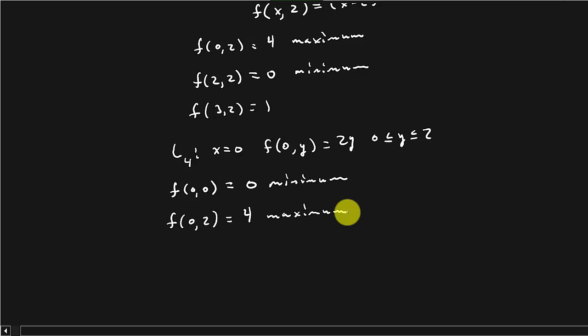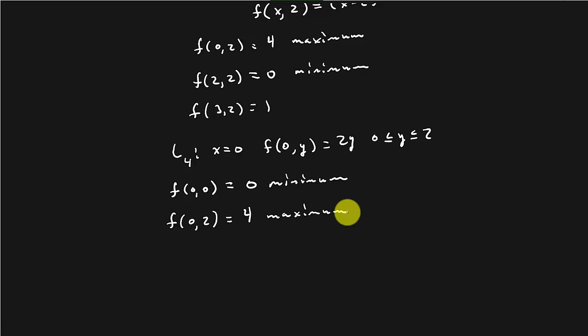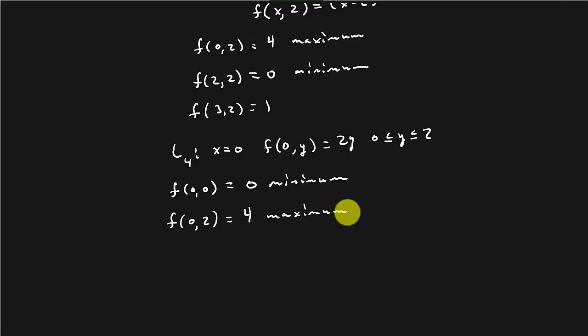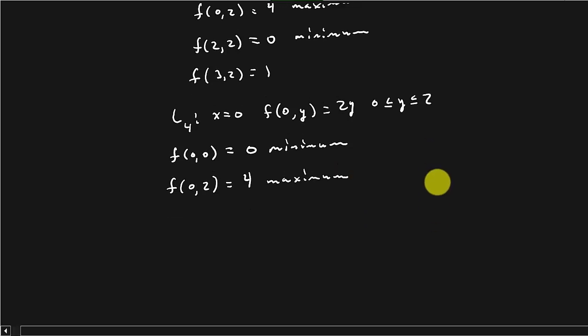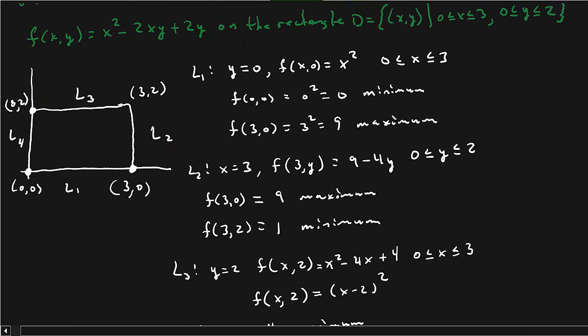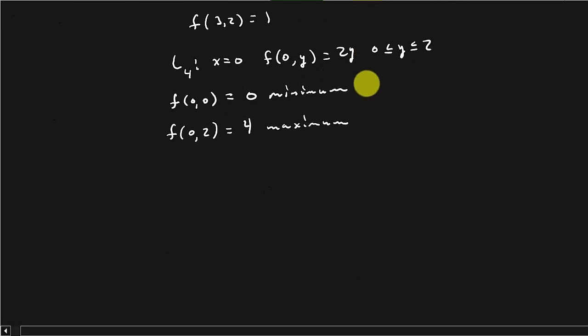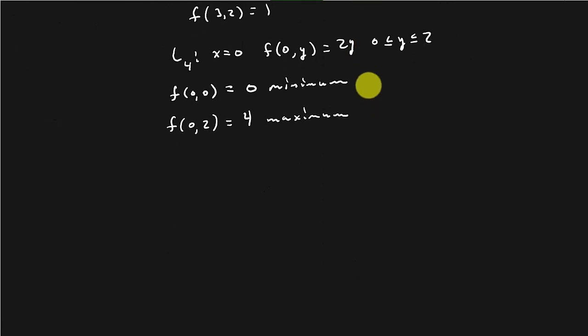All right, so that's where I went and I tested the boundaries. Now what I have to do is go and find my critical number. I probably should have done that first, but I was concentrating on explaining this part of it so well that I just completely forgot about the critical point.